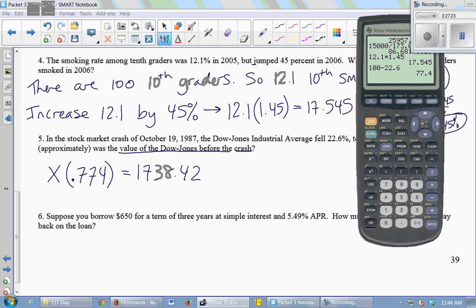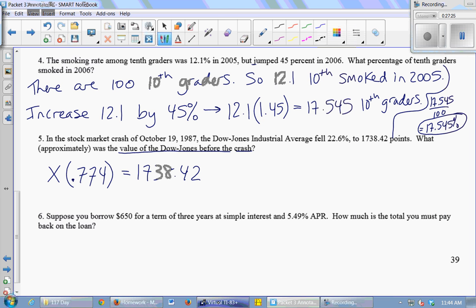There are other ways to set this up, right? Similarly, I could say, well, take the previous Dow average, and subtract 22.6% of it, and that would give you 1738.42.